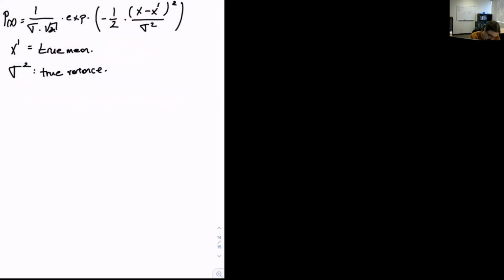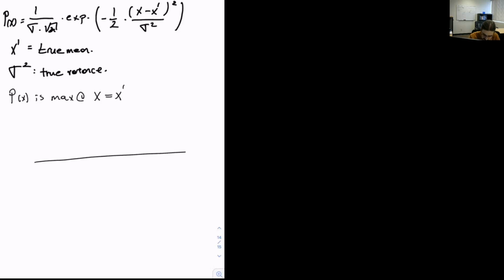We also know what the population looks like, but also this p(x) function is maximum at x equals x naught, because that's its central tendency point.